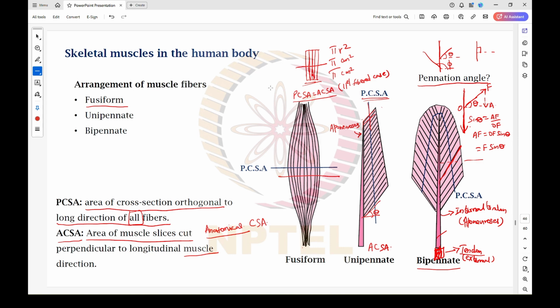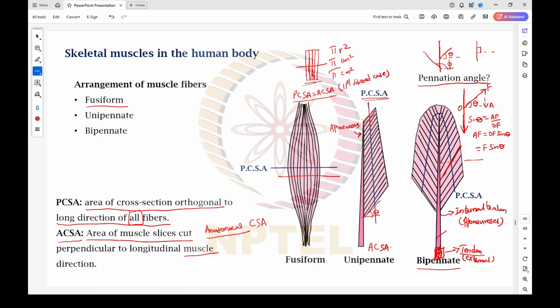So, how do you decide how much force is transmitted to the bone finally? In fusiform muscles, which are spindle shaped, the central fiber is shorter and the peripheral fibers are slightly longer in size.